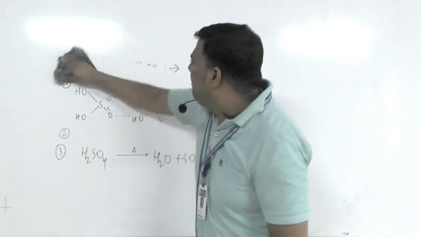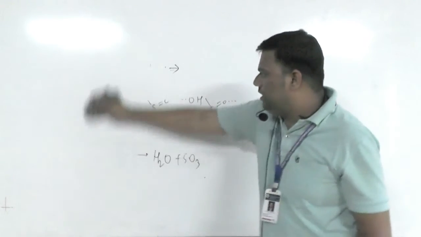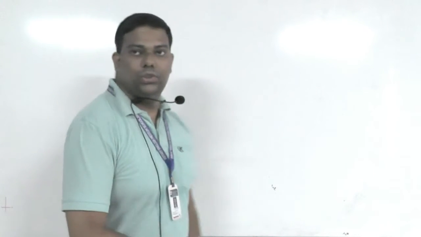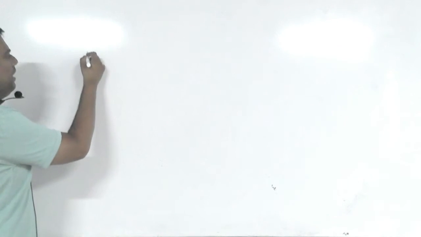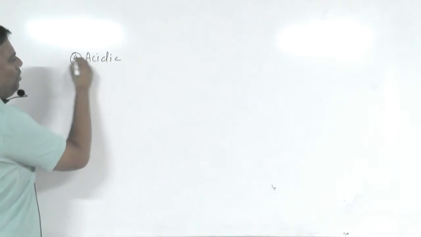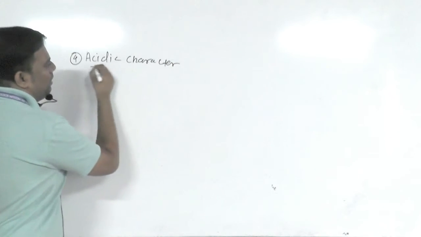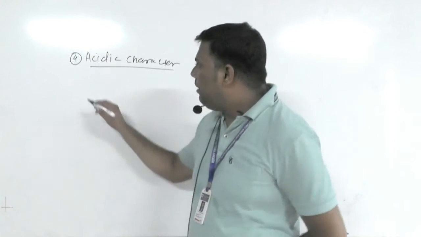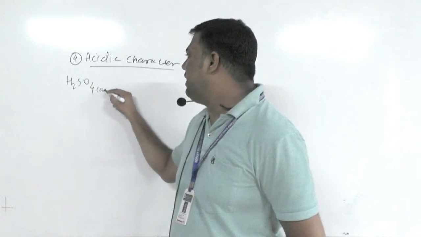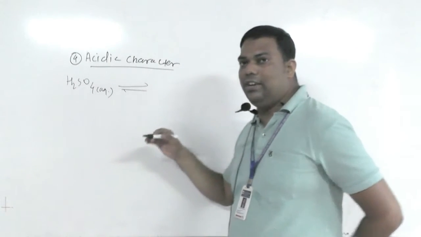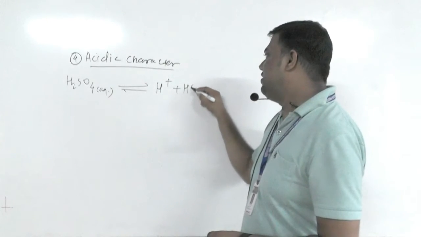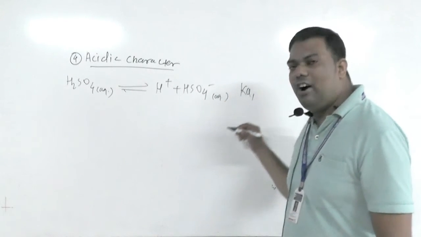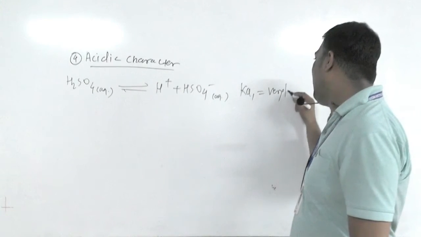Now we will discuss acidic character, the fourth property. H2SO4 in aqueous condition reacts like this: it gives H+ plus HSO4-, and for this Ka1, the first dissociation constant, is very large.